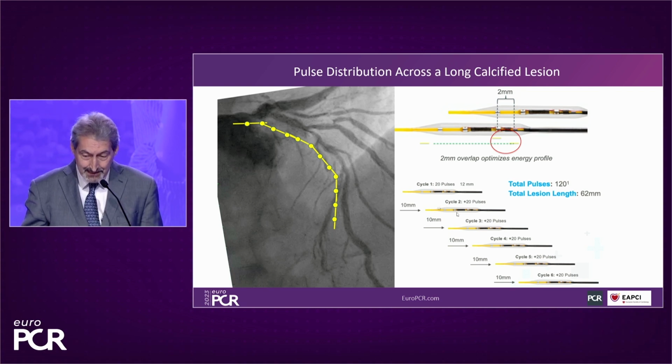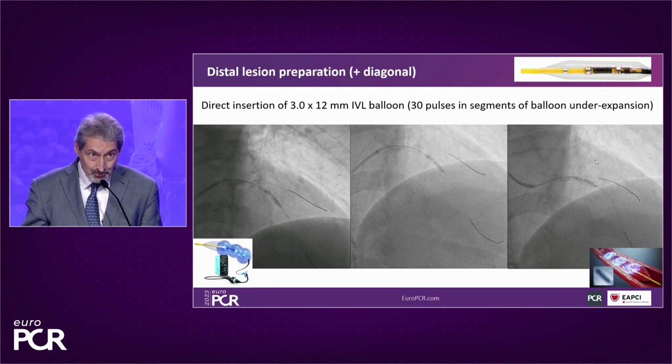And if you repeat this cycle for the 120 pulses that you have available, and you deliver, very important in my view, 20 pulses, so you keep your catheter still in the same position when there is severe calcification, and you deliver a double series of pulses, you will achieve, in most cases, the result you want.